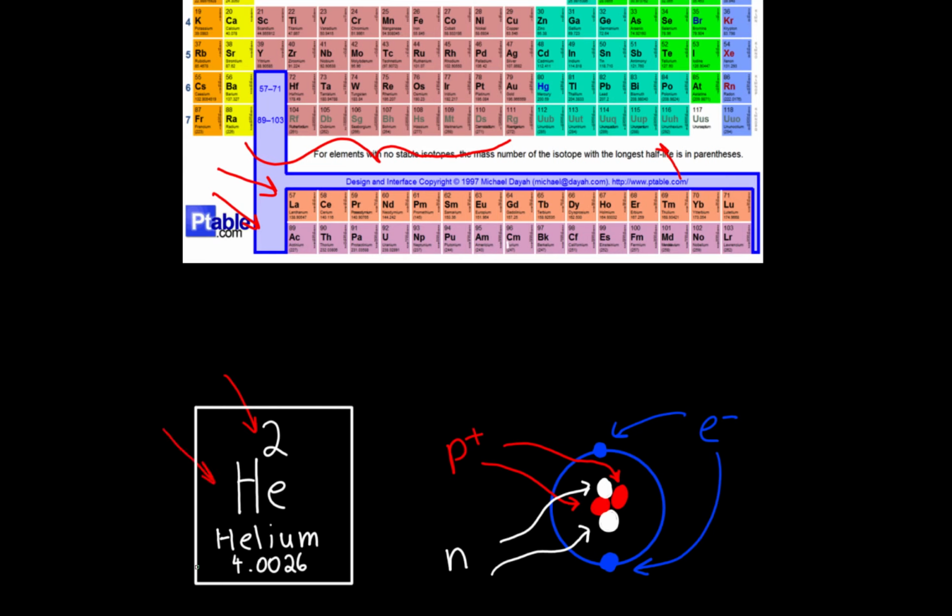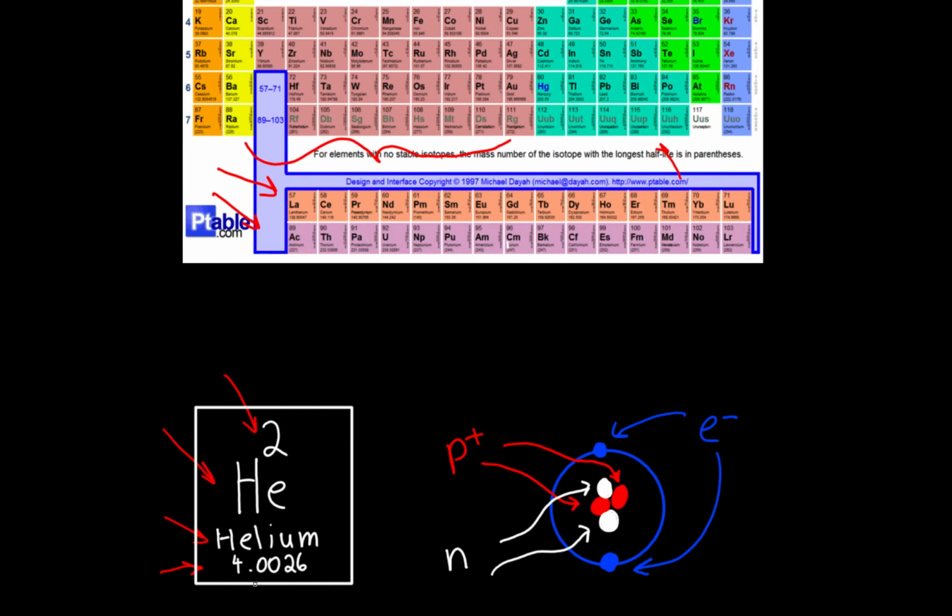He is the abbreviation for helium, the name helium, and then its atomic mass. And this is an average. If you watched the previous video on atomic structure, we talked about how the average is set forth because they get an average of all of the helium atoms out in the world.